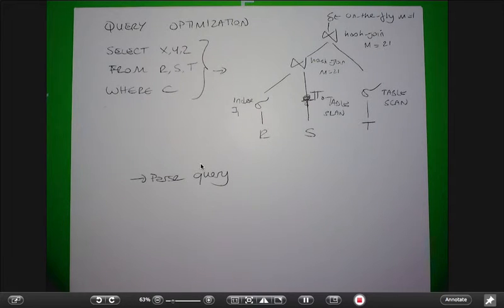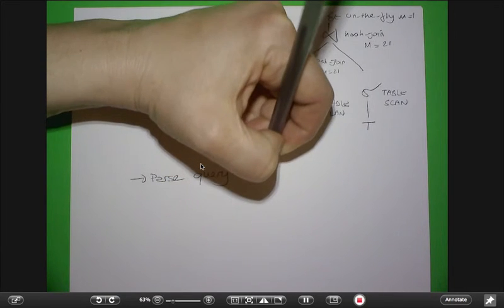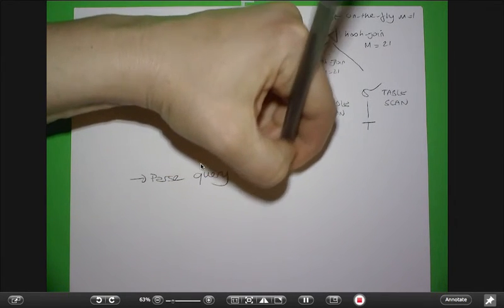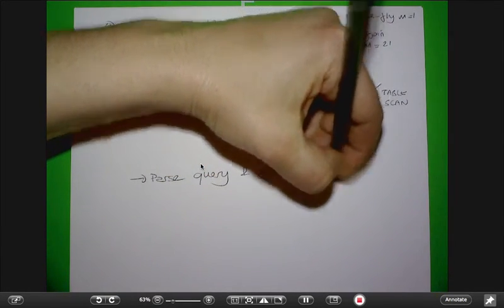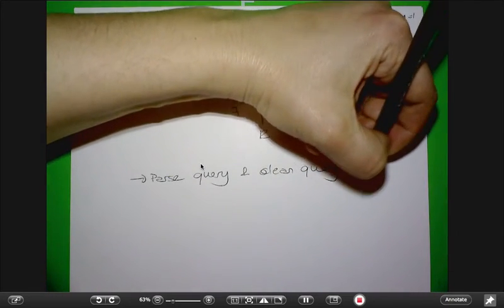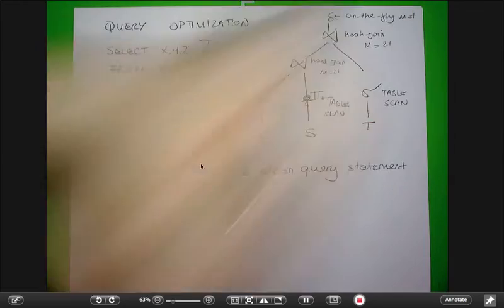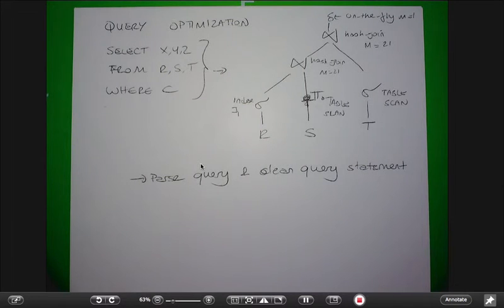You had a query in the from statement, I'm going to put that in the where statement. I'm also going to look at the Boolean expressions and optimize them. So if you have written things that can never be true, I know that I don't even have to execute that query. All of that is parsing the query.